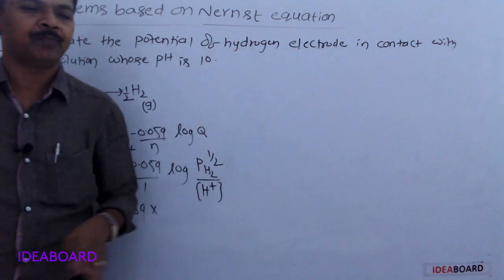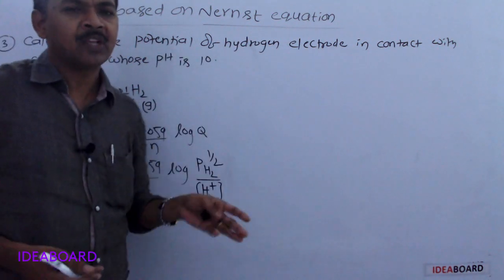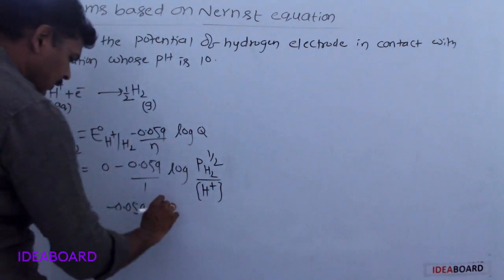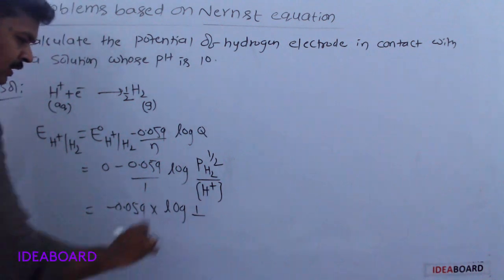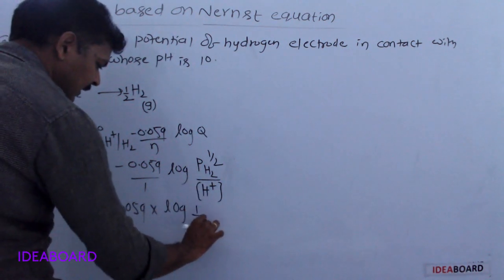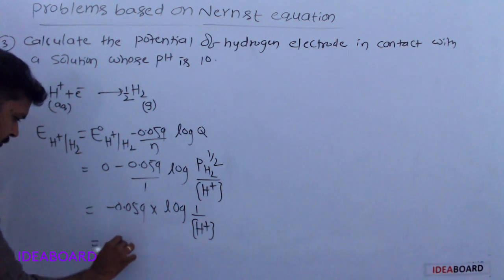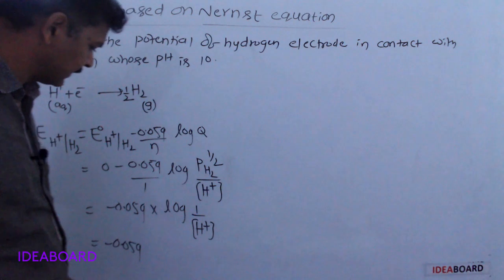Here pressure is not given. Not given means take standard pressure, 1 bar. Log of pressure of hydrogen, 1 bar, divided by H plus ion concentration: minus 0.059 into log of 1 by H plus ion concentration.